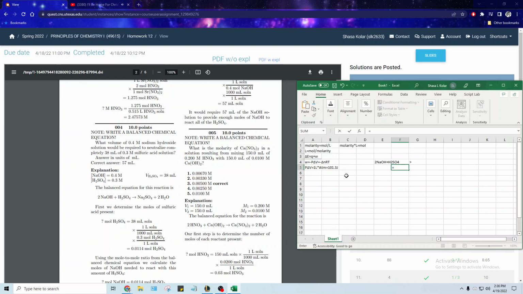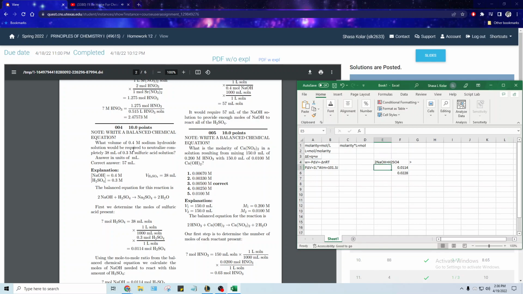So molarity is 0.3, and our liters is 0.038. Together, this is the number of moles. We're going to double that because for every 1 of these that goes in, we have 2 of these that go in. So multiply that real quick. This is the number of moles of NaOH.